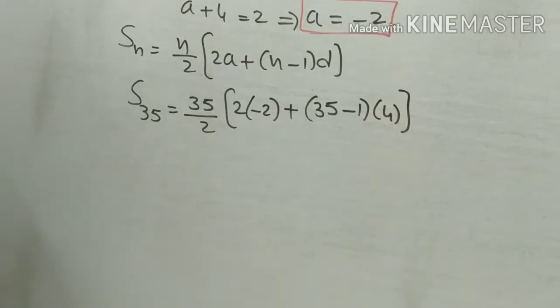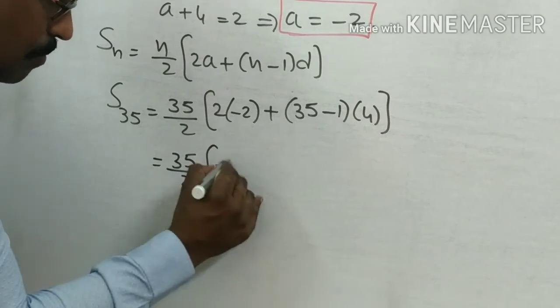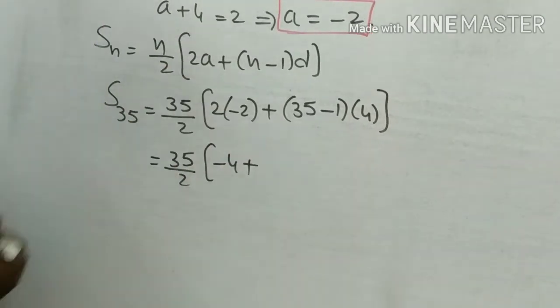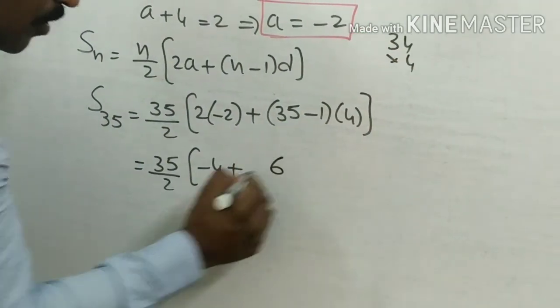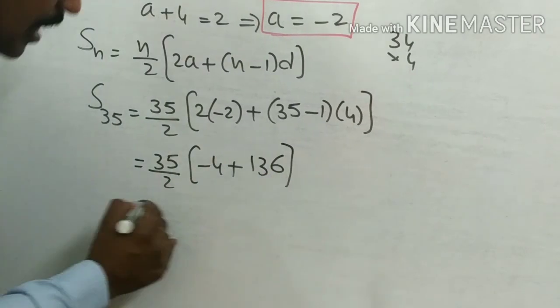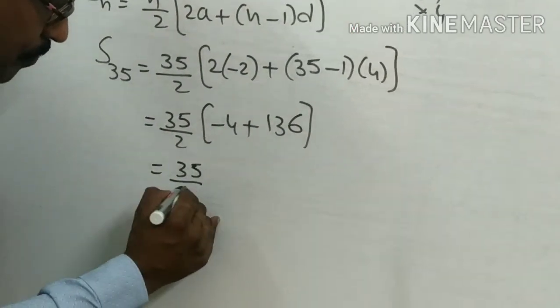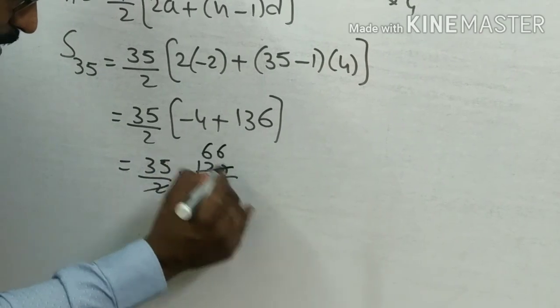By using this you can solve, that is 35 by 2 into minus 4, plus 34 into 4, 4 4s are 16, 136 minus 4 is 132. So that is 35 by 2 into 132. How many times? 66.